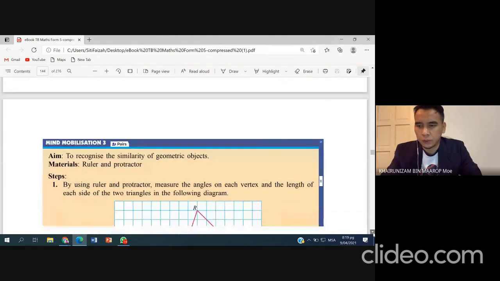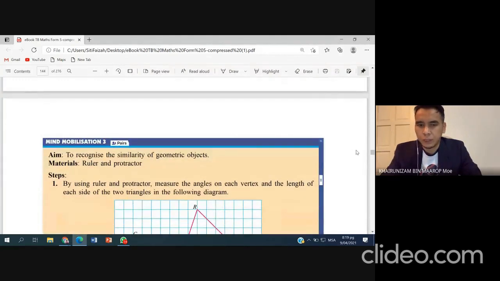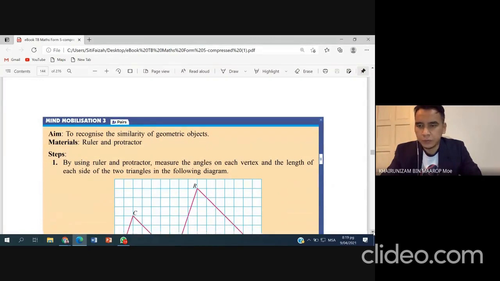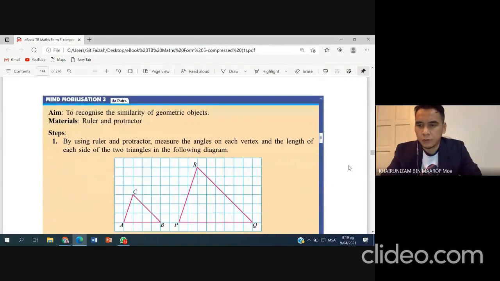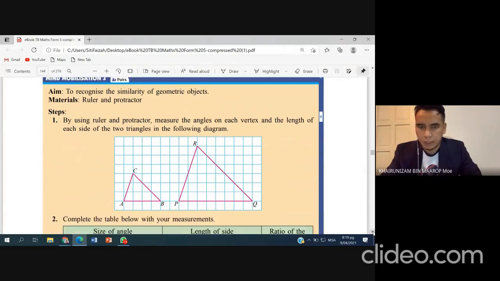So how do you want to know? This activity will give you how to recognize the similarity of geometric objects.